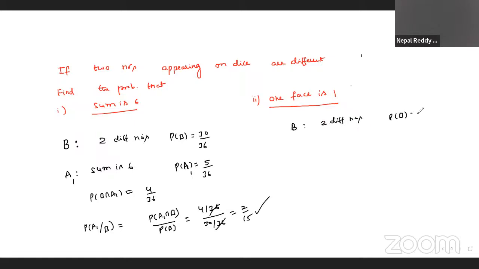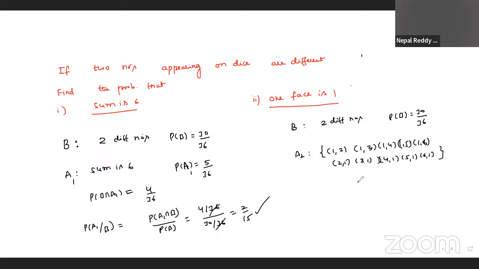That is probability of B equal to 30 by 36. And A2 is the event, one face 1 and the other different: (1,2), (1,3), (1,4), (1,5), (1,6), (2,1), (3,1), (4,1), (5,1), (6,1).